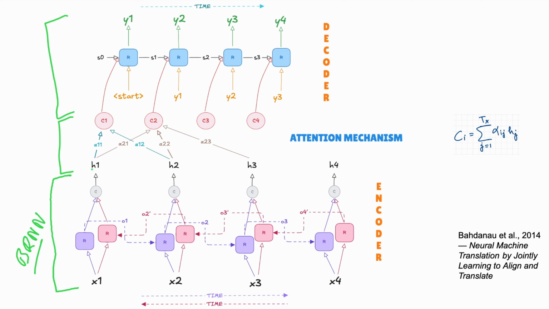So for x1 we have hidden state h1, for x2 we have hidden state h2, and so on. And for each output y, we'll have c1, c2, c3, c4. Basically, c1 is for y1, c2 is for y2, and so on, and these C1, C2, and so on are context vectors.